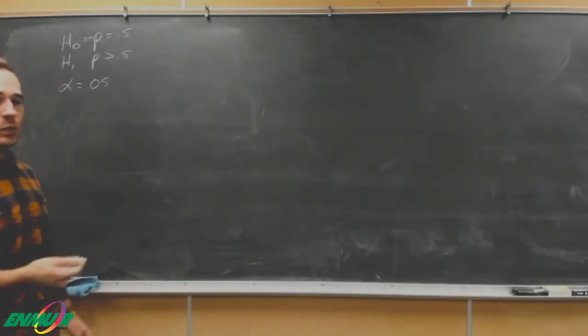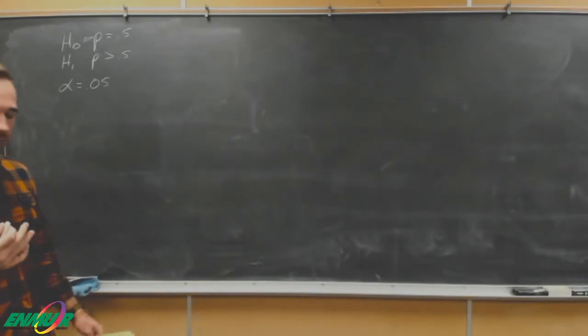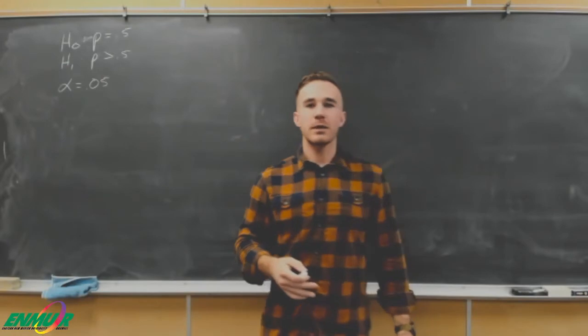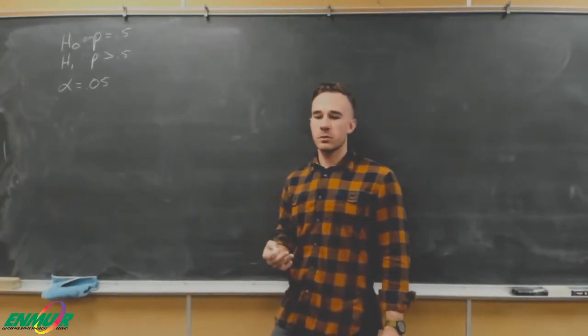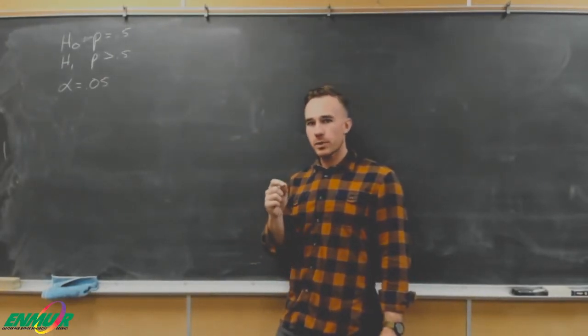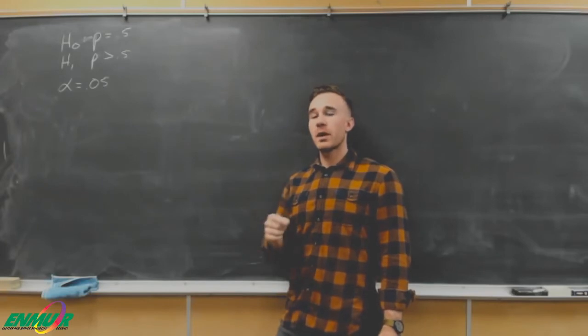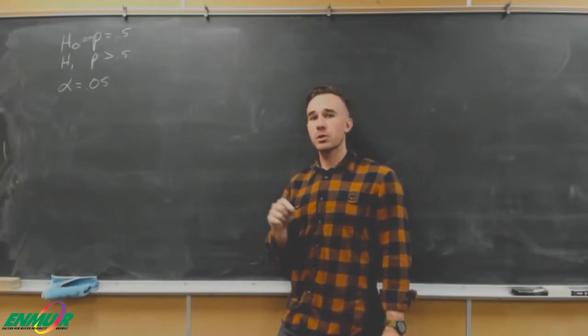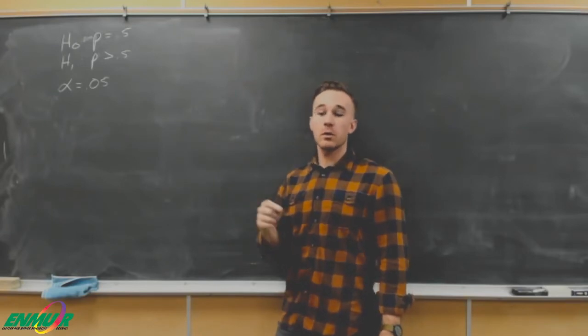Within this problem, we're saying that a percentage of the population is uncomfortable with something. Whenever you see a percentage of a population, that's a proportion, right? That's a proportion of the population, or the proportion of a sample.